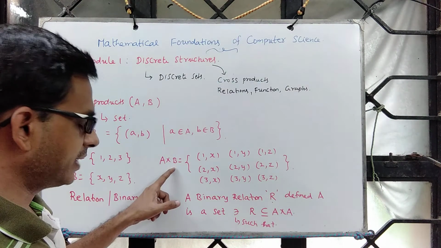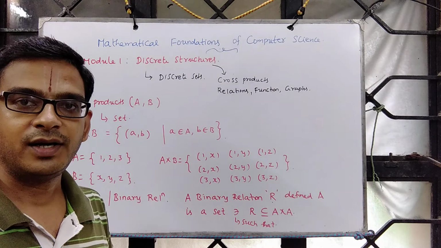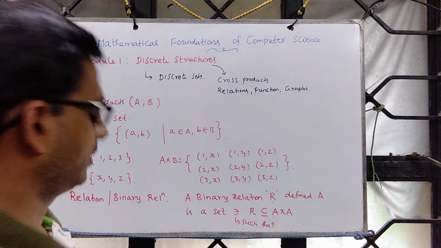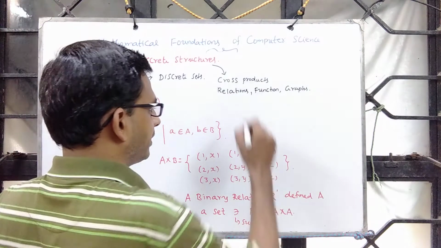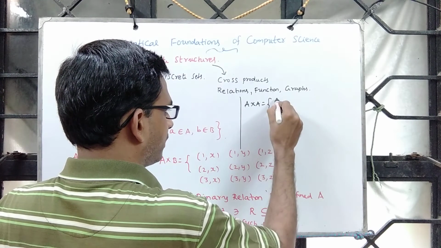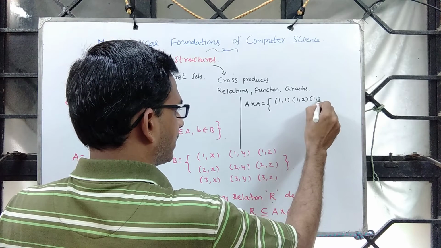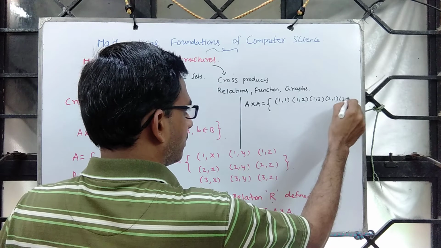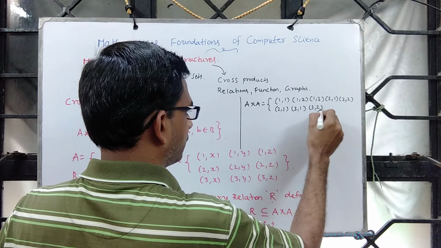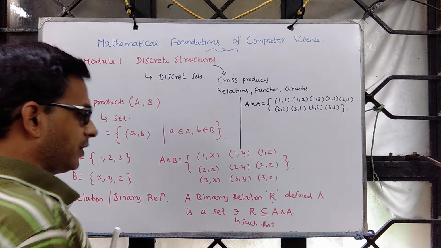Suppose B is the same as A, then one can talk about the cross product A cross A, and any subset in that is a binary relation. So A cross A consists of elements (1,1), (1,2), (1,3), (2,1), (2,2), (2,3), (3,1), (3,2), (3,3). Now, what is R?